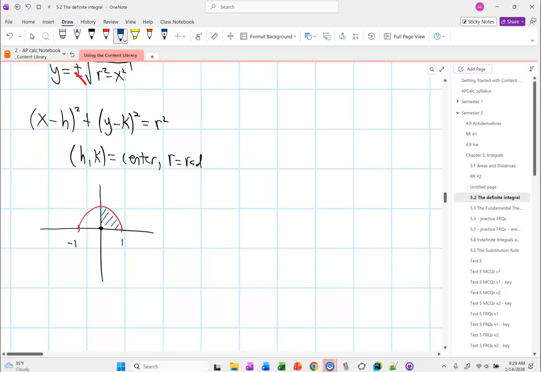So we're looking for this piece. Everybody agree? What's the area of that? 1/4 of the area of the circle. And what's the area of the circle formula? Pi r squared. And what's the radius in this case? 1.